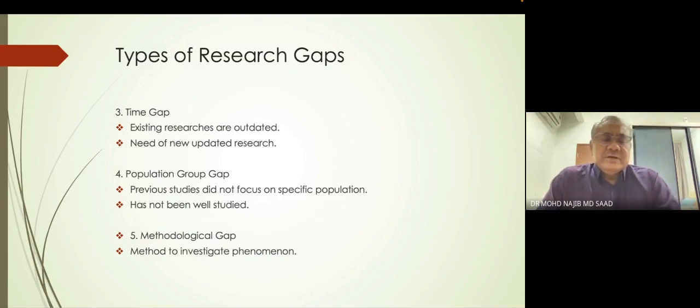Another gap would be the time gap. Time gap refers to existing research that is outdated, meaning that research in a specific area has been conducted a long time ago and needs to be explored again, in order for us to get an update on the previous findings.